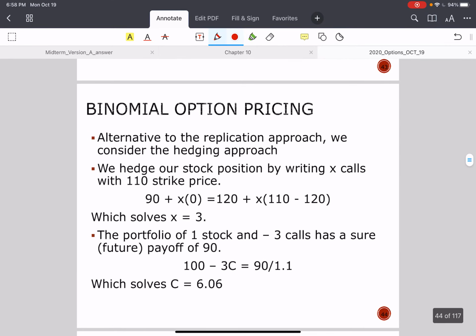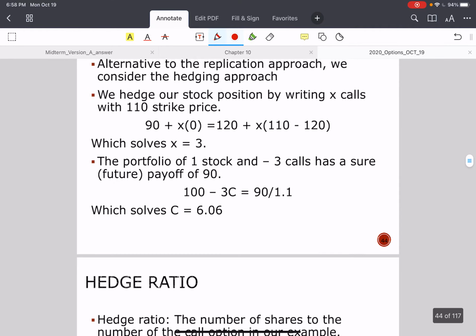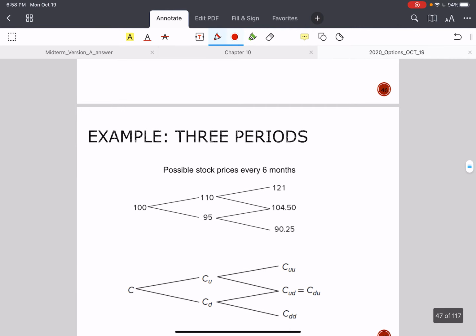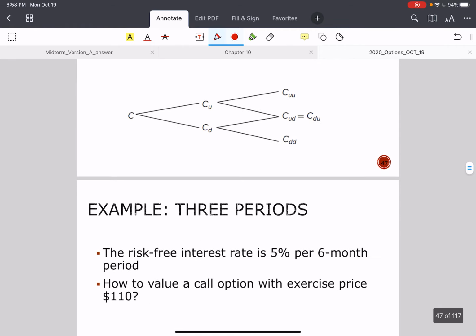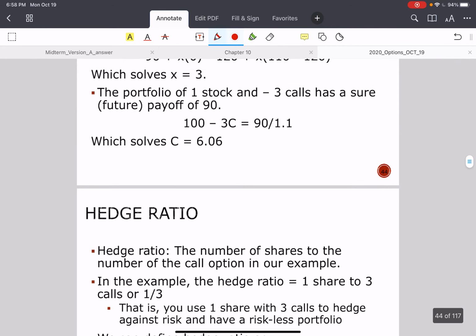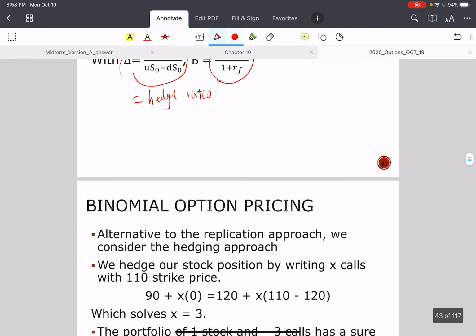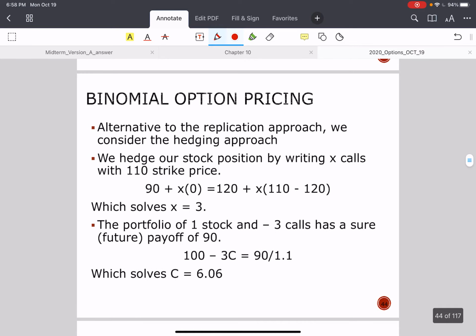The second approach is about constructing a hedging portfolio. Because it's a hedging portfolio, you want to make sure that no matter what happens, this portfolio will give you the same return.